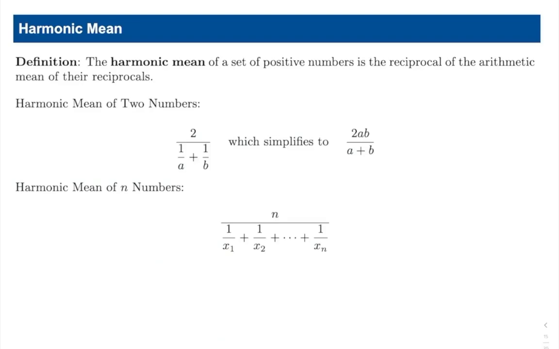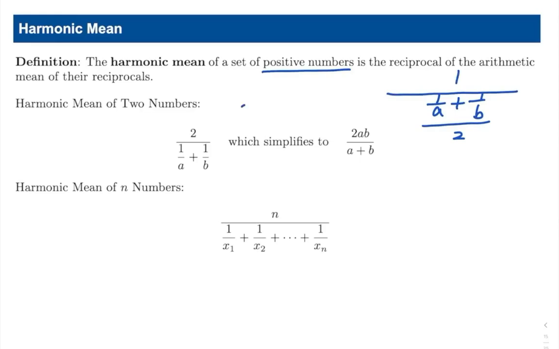Now let's talk about harmonic mean. The harmonic mean of a set of positive numbers is the reciprocal of the arithmetic mean of their reciprocals. So basically, if I have a and b, I take the reciprocal of a plus the reciprocal of b, take the average of these, and then take the reciprocal.